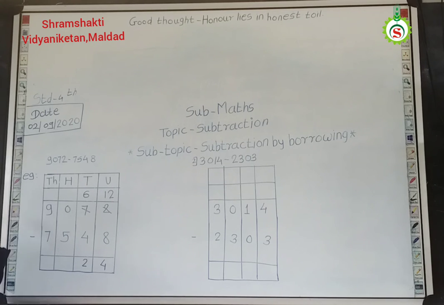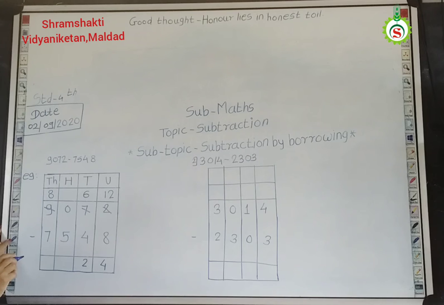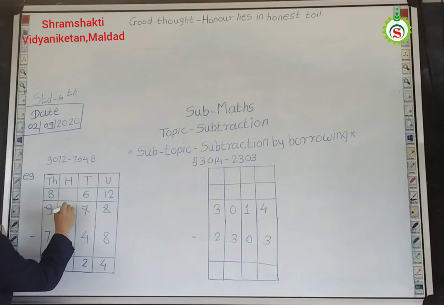Here 9,000s are available. So untie 1,000 from this 9,000. Therefore, here 8,000s remain. Students, we take 1,000 from this place for the hundreds place. And 1,000 means how many hundreds? 10. And here is 0 hundreds. Means here we got 10 hundreds.